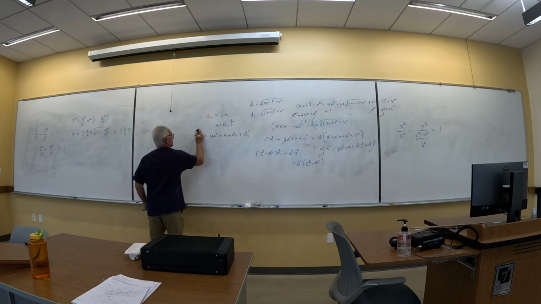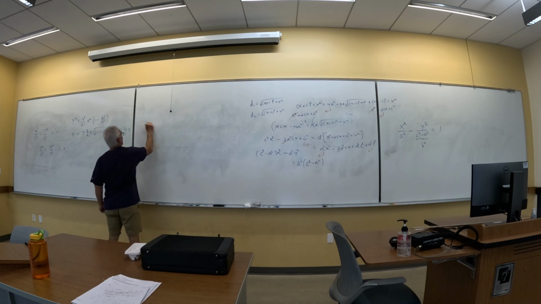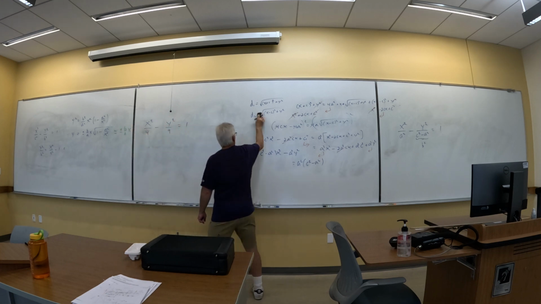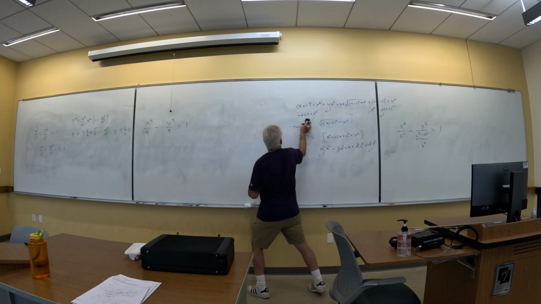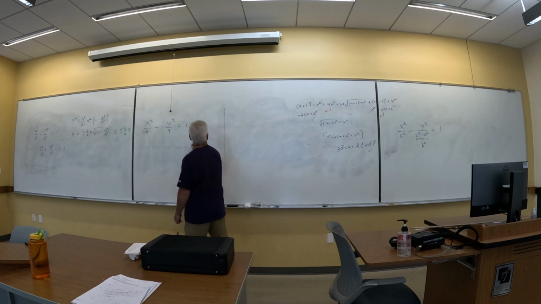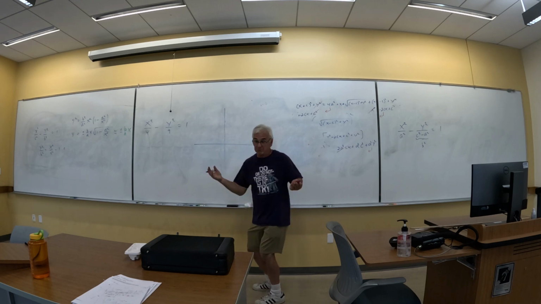So I've got, I don't know, x squared over 4 minus y squared over 9 equals 1. I'm centered at the origin. All right. Well, what do I know? I know that if y is 0, x is going to be plus or minus 2. Do you all agree?